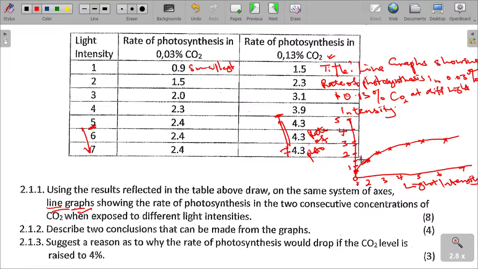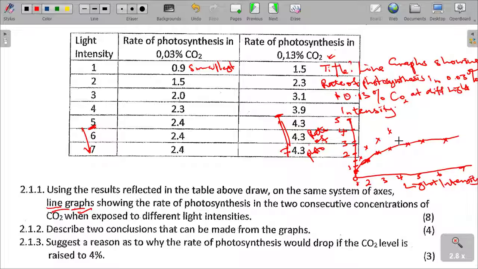And then the next one is 2.3, somewhere there, and then it is 3.1 somewhere there. And then it is 3.9 at 4, somewhere there.